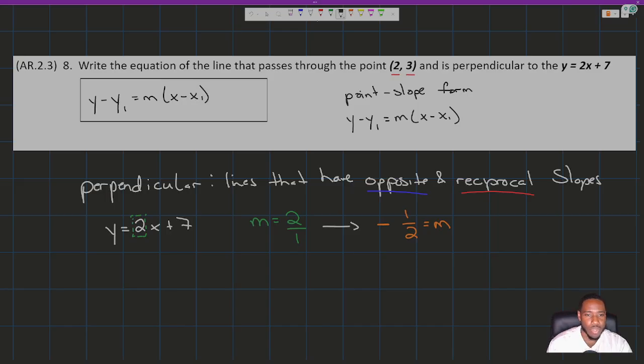And we're going to substitute the y1, the x1, and the m with the slope that we know needs to be here, and the x and y points that we know need to be here. Okay, so the slope that we know has to be there is negative 1/2. The y1 that we know has to be there, if we look at the y value for our point, is 3. And the x value that we know has to be there is 2. So y minus 3 is equal to negative 1/2 times (x minus 2).